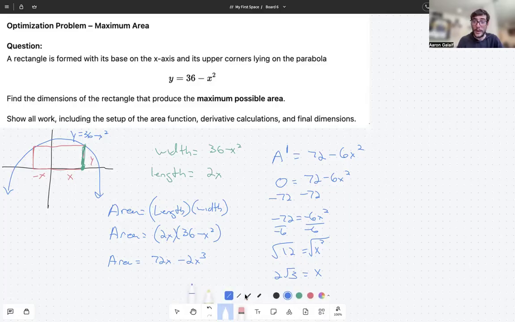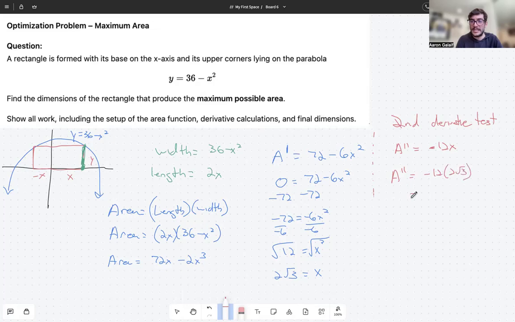But first, we need to determine that this is actually going to give us a maximum value. So what we're going to use is the second derivative test, and what we're going to do is derive the area a second time. 72 becomes 0. This becomes negative 12x. All I'm going to do is plug in the value we solved for x.